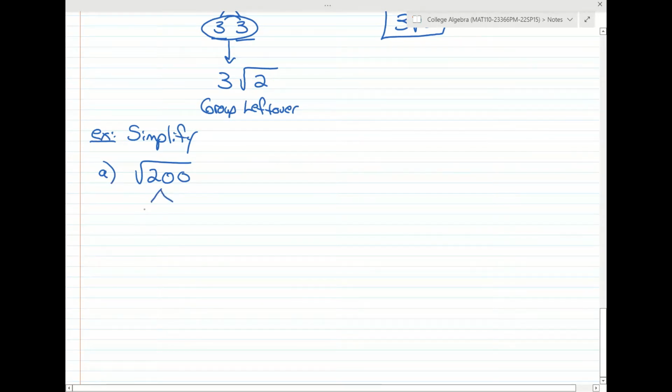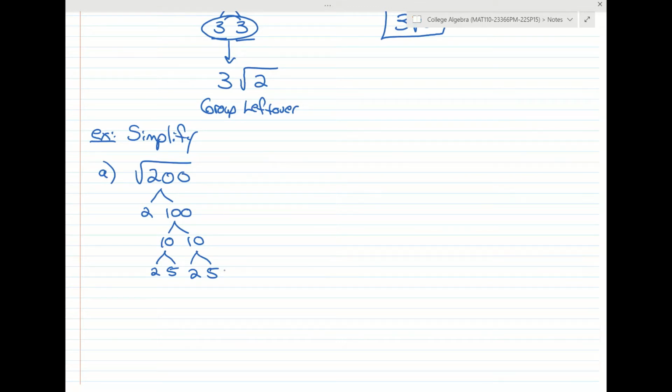So 200 I know is 2 times 100. I know 100 is the same thing as 10 times 10. 10 is the same thing as 2 times 5. So we break the radicand down to all prime numbers: 2, 5, 2, 5.